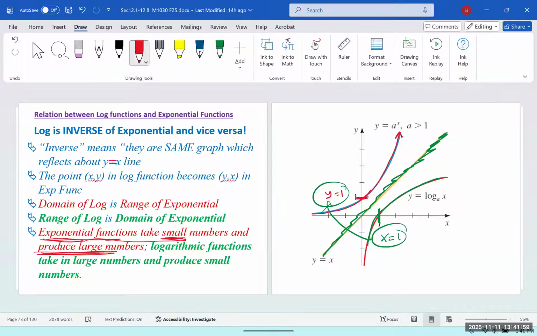Previously, you also learned that every exponential function has a horizontal asymptote. What's the opposite of horizontal line? Vertical line. So every logarithm has a vertical asymptote. Horizontal asymptote is y equals some number. Vertical asymptote is x equals some number. They're opposite of one another.